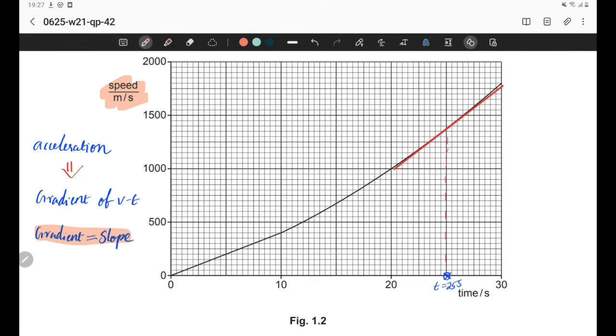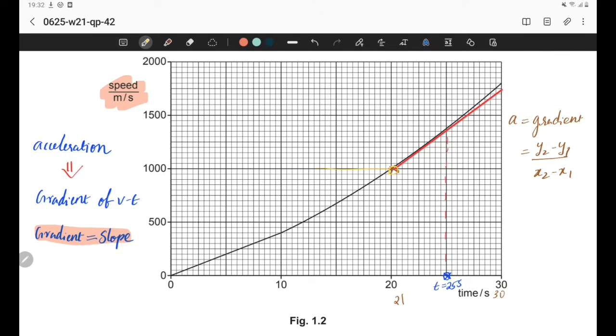Now, as we already discussed, in order to calculate the acceleration, we just need to find the gradient of the tangent at this point. Gradient is nothing but the y2 value minus y1 over x2 value minus x1. So here we can find out what is y1 and y2. y1 is at the starting point of the tangent.